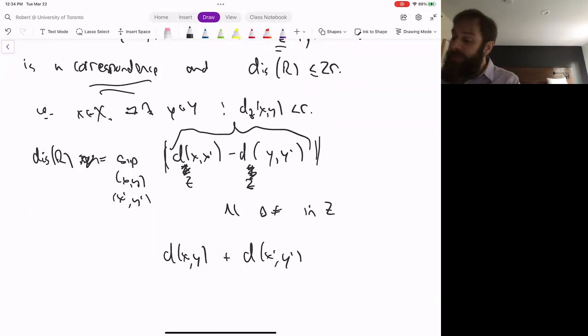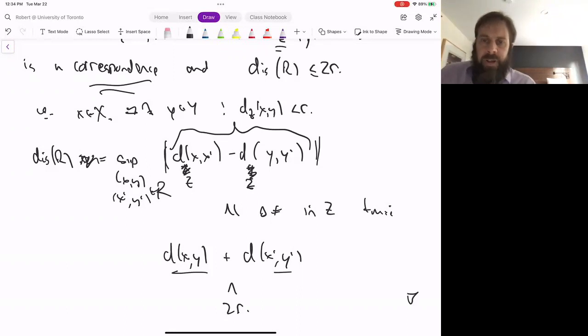For example, the distance between x and x prime is less than the distance xy plus the distance y y prime plus the distance y prime x prime. So that's one use of the triangle inequality. So use the triangle inequality in Z twice for each sign of the absolute value. And this distance is less than r by definition, and because these pairs are both in the correspondence, this distance is less than r and that distance is less than r, so this is less than 2r. And that's the end of this direction.